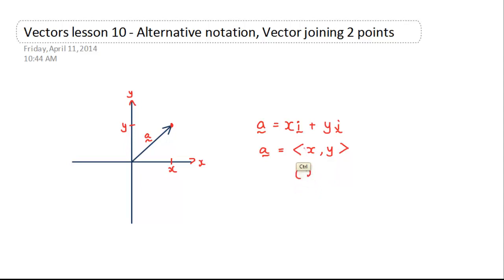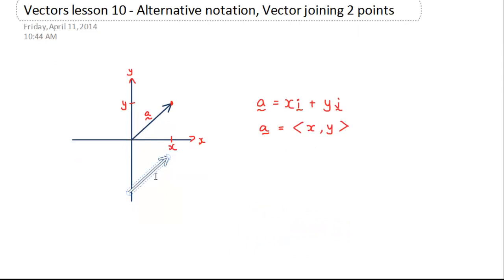If you put it in angle brackets, it means that you have a vector, which means that you can put this arrow anywhere. You can copy this arrow and put it anywhere on your coordinate system. You can put it over here, over there, over here. It is all represented by this notation.